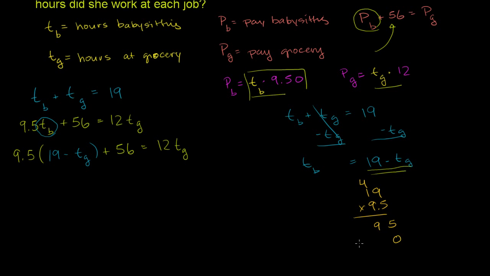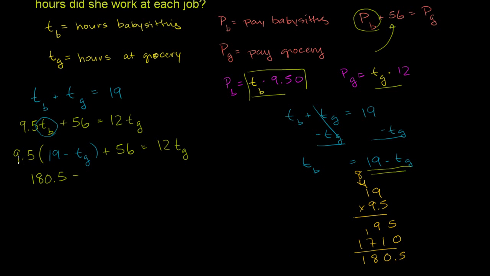And then we have a 0 here. 9 times 9 is 81. 9 times 1 is 9, plus 8 is 17. So 5 plus 0 is 5, 9 plus 1 is 10, 1 plus 7 is 8. You just have a 1 there, and you have one number behind the decimal point. So it's 180.5. So 9.5 times 19 is 180.5.